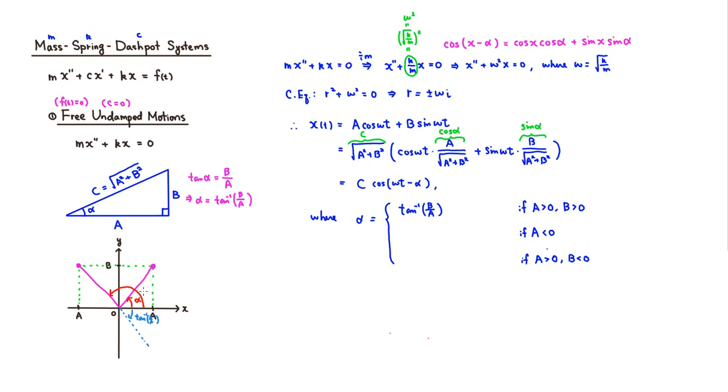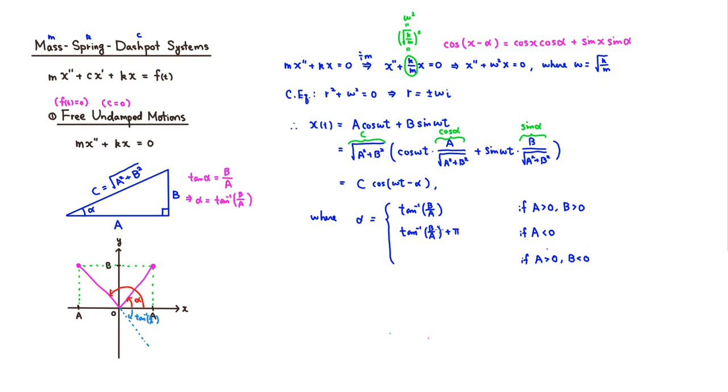So what we can do is add pi to get the angle that we want. In the second case, arctangent of B over A gives you a negative angle, so we add pi to get the correct angle.